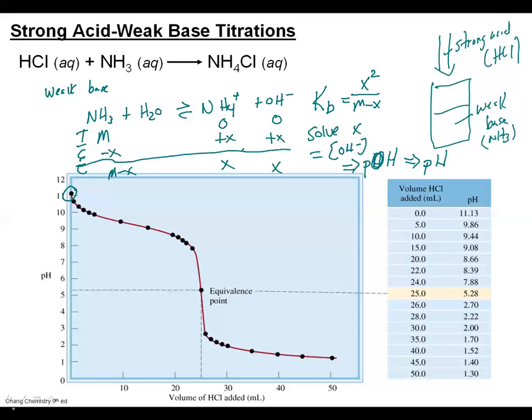And that is because we are starting with a weak base, which means our pH is actually starting higher in this case. And then we're actually adding acid, so the pH will start to drop. So we're actually going downwards. It's basically the same curve, but we're starting high pH, ending low pH in this titration, as opposed to the opposite where we're starting low pH and ending high pH. But kind of the same curve going on.